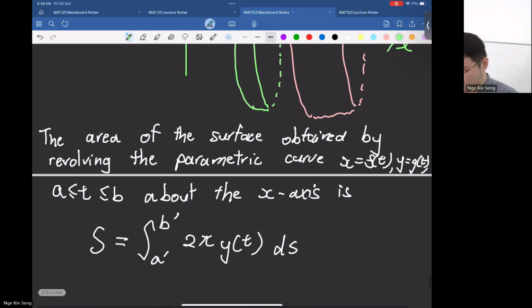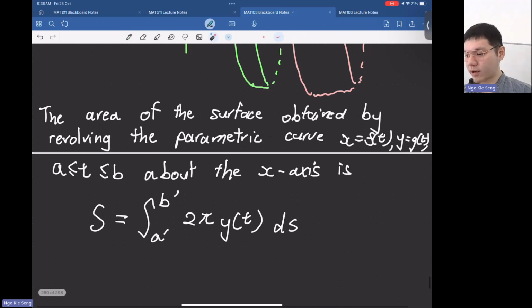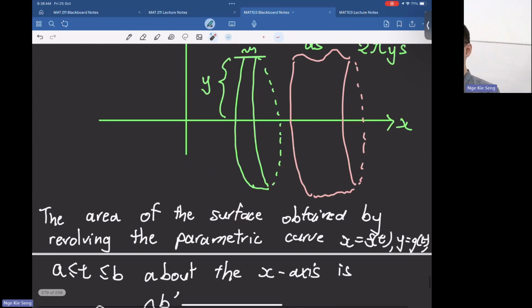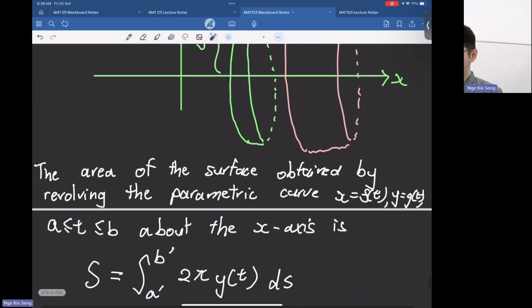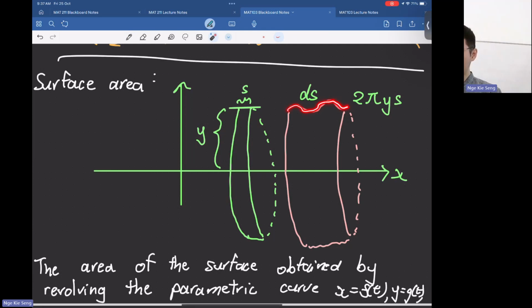But we can make everything in terms of t now. We have the height, and the height is in terms of t, correct or not? If your length is changing, your height will change with respect to t also. Sometimes high, sometimes low. But how to compute this dx here, like what we did last time? We have to use a lot of small rulers to approximate it.